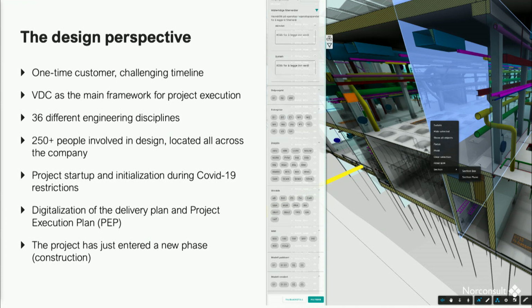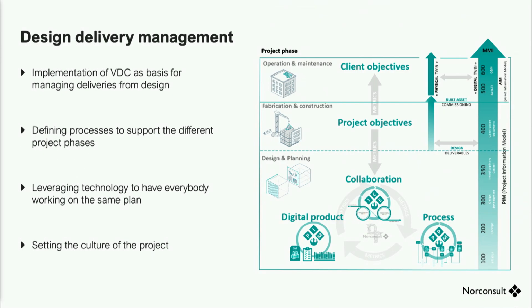Two things that are important at this time are the digitization of the delivery plan and project execution plan, and that we have just entered a new project phase, going from preliminary design more to construction.